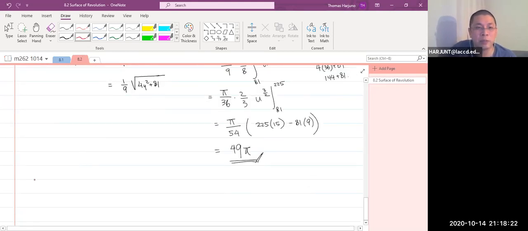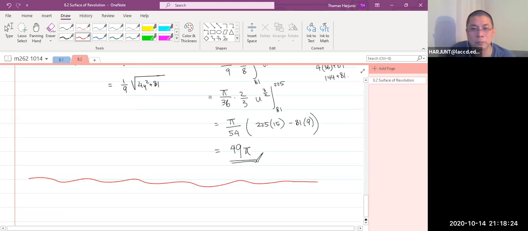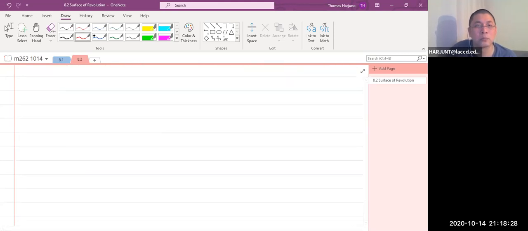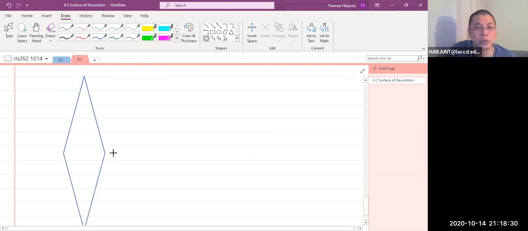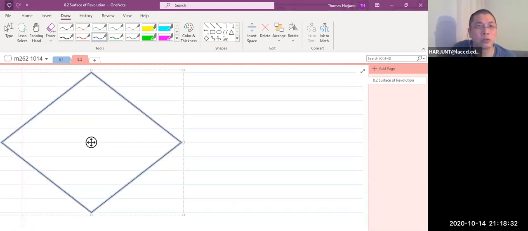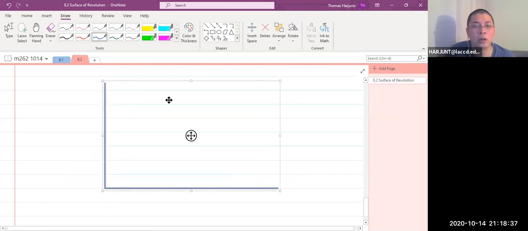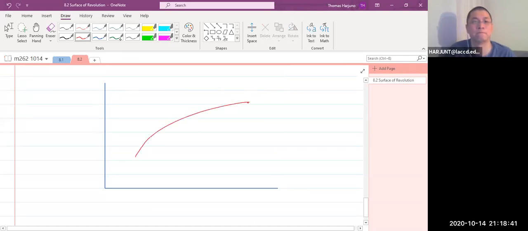Let's summarize a little bit before we do another problem. Suppose this is my coordinate system and this is my curve. I have from A to B or C to D in y's.